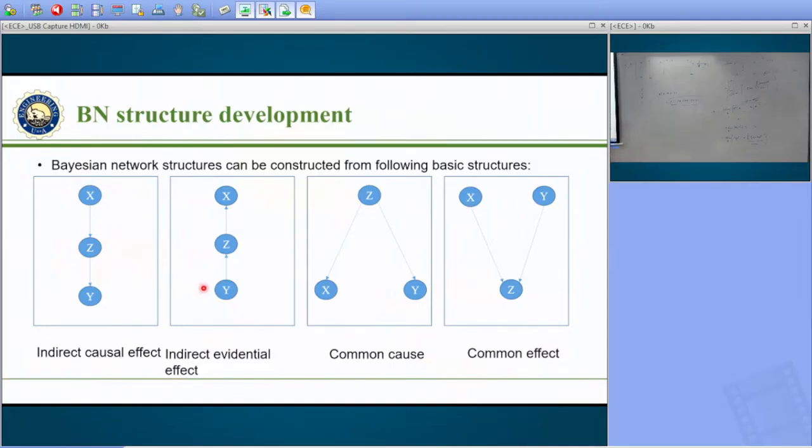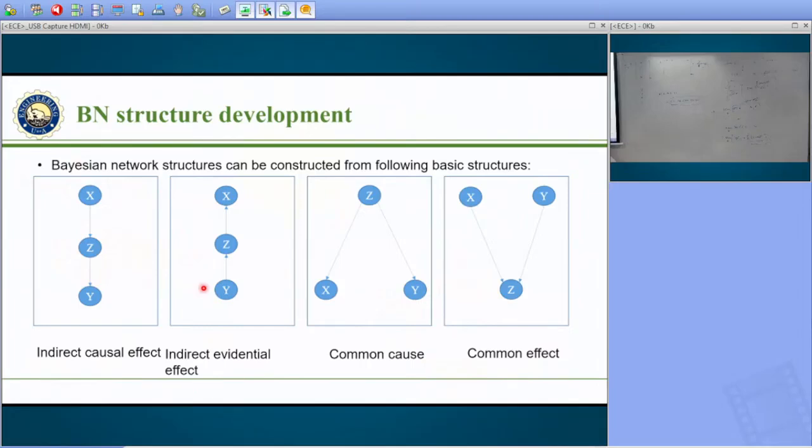If z is observed, if I know the z, if I measure the z value, I wanted to touch upon the common cause, where z is affecting both x and y.